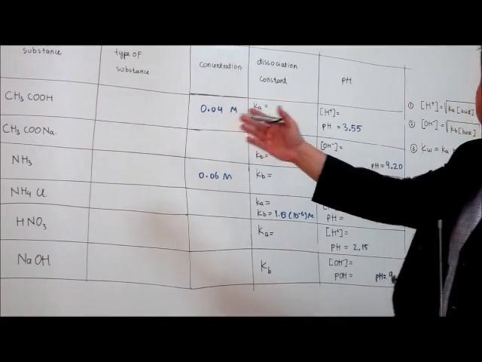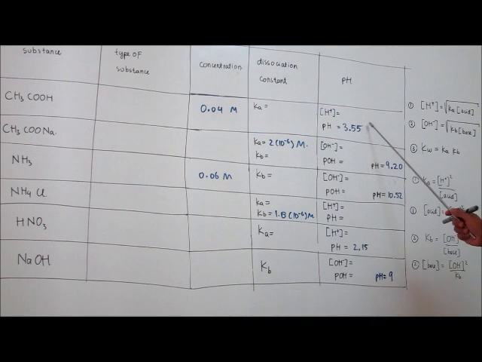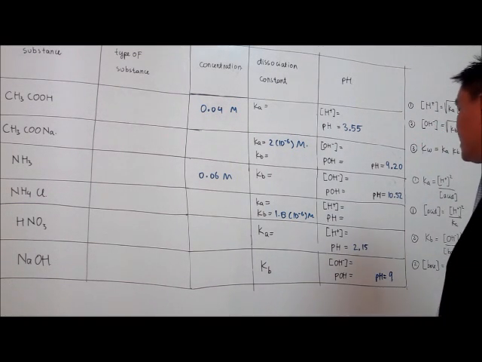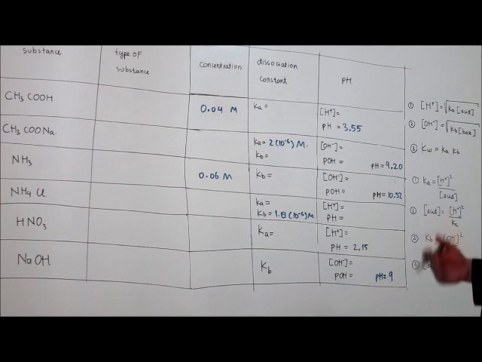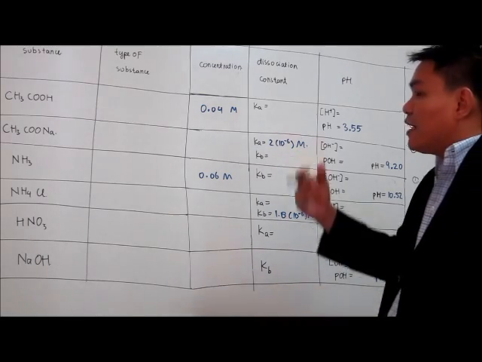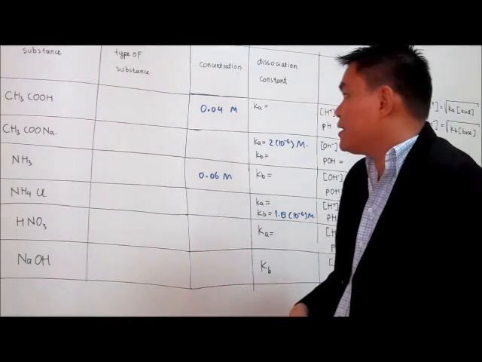The question is given here. pH is also given. The first thing to do when you're given this type of question is to decide what type of substance is given in the question.